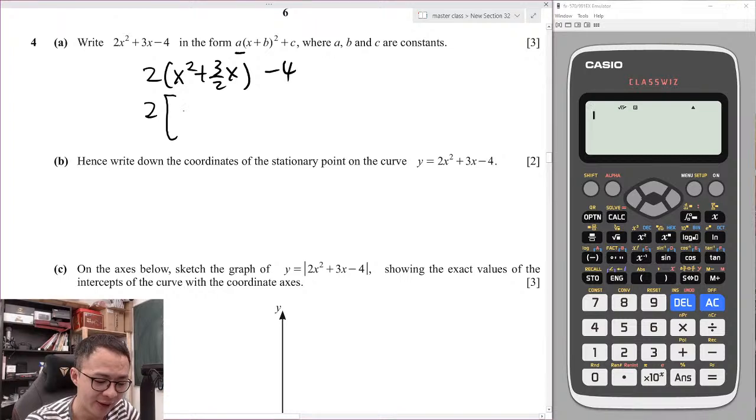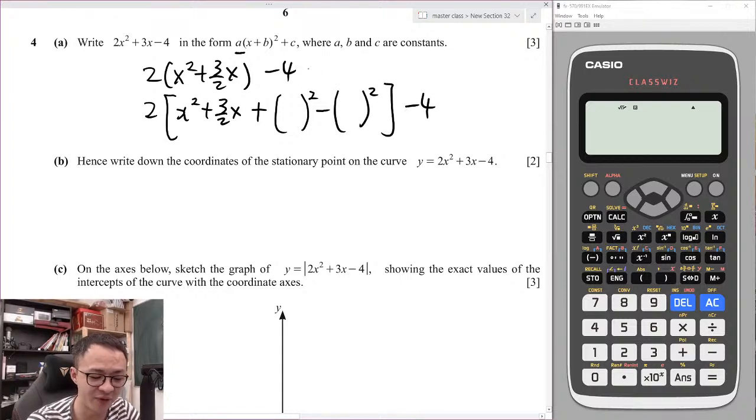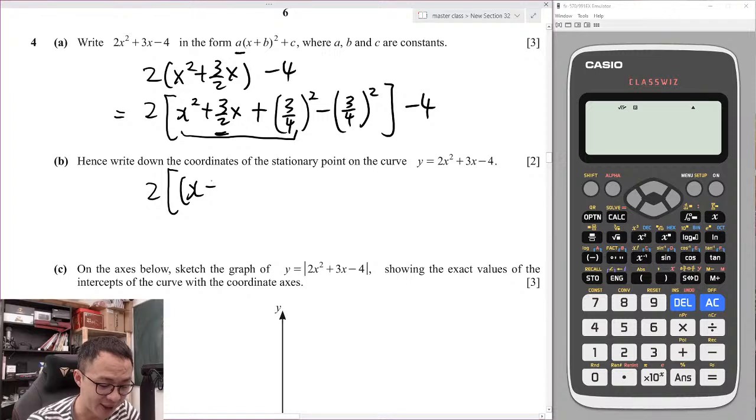Then I will copy the first term, copy the second term. I will plus something square minus something square. Close the bracket and then minus 4 is copied from the top. What is the bracket square here? It is basically b divided by 2, which is 3 over 4. Then you combine the first 3 terms here, which is (x + 3/4) squared minus 9 over 16 minus 4.